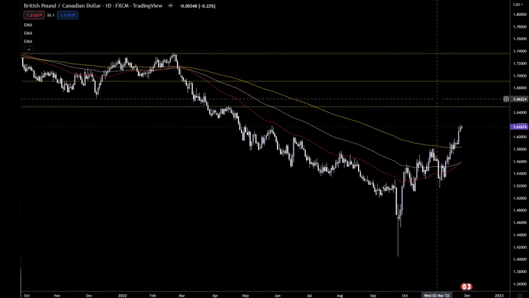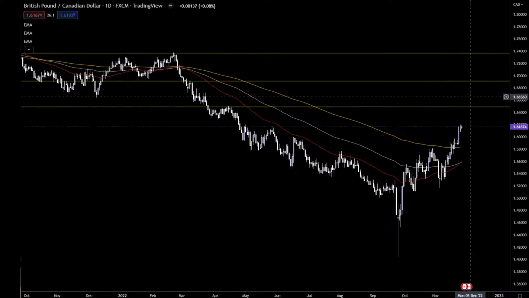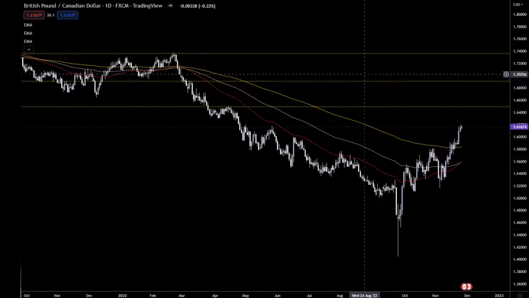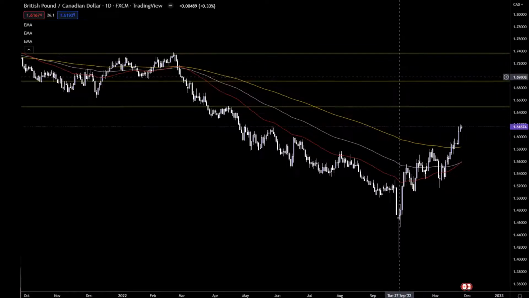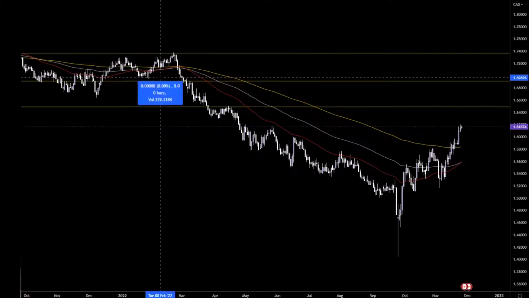If that makes sense. So let me elaborate. If price is breaking confluence after confluence, and the last place within reason to take profit is here, then profit's going to be taken here.